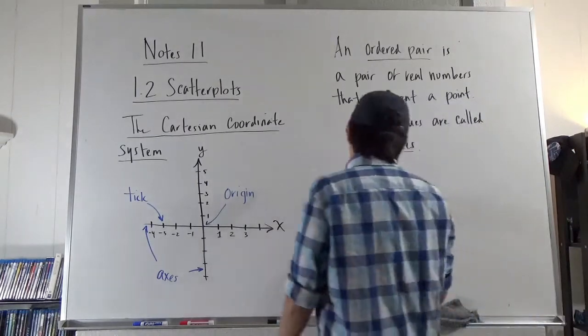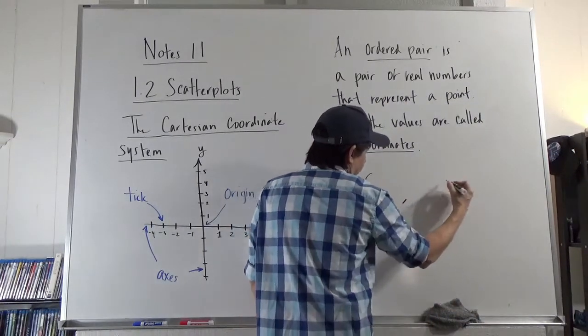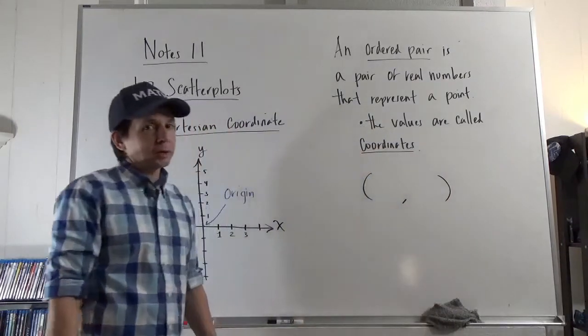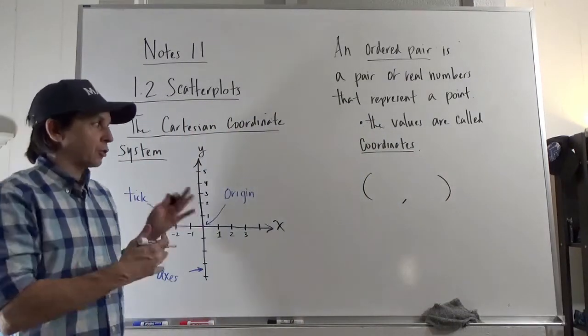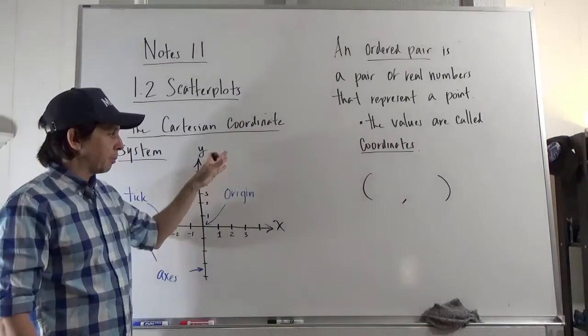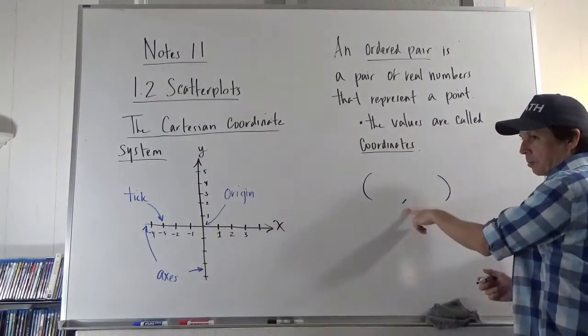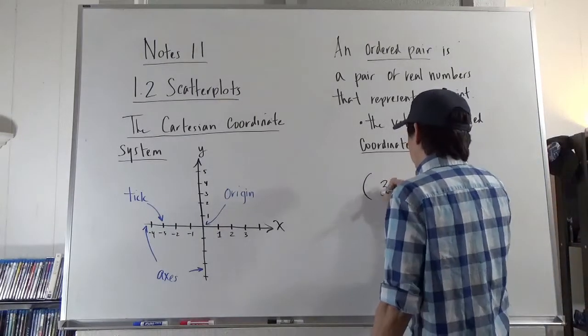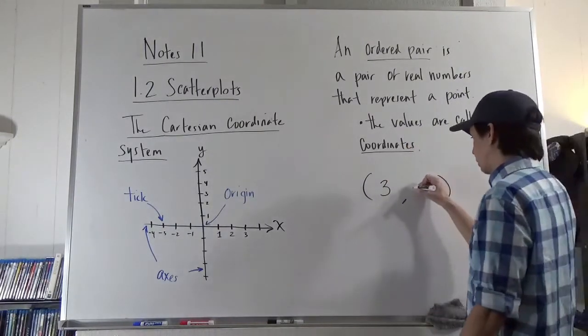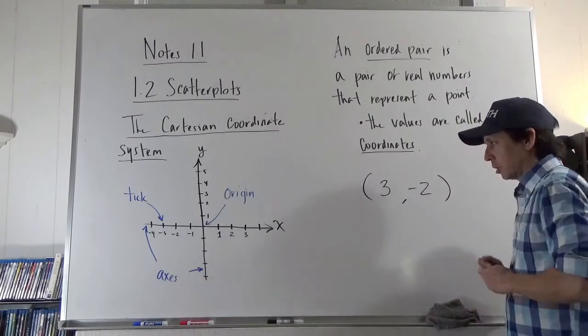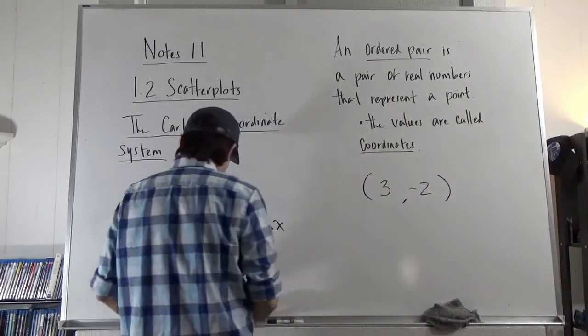And let's look at one. So for an ordered pair designating a point, you have other situations where you have pairs of numbers, but to make sure it's clear that this is going to be a point on the graph, they'll put it in a set of parentheses separated by a comma. And they'll have one real number there. It may not be an integer, but I'm going to stick with nice round integers. So you have two numbers separated by a comma.